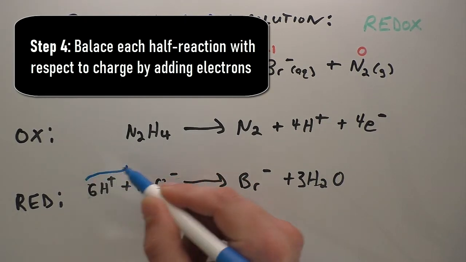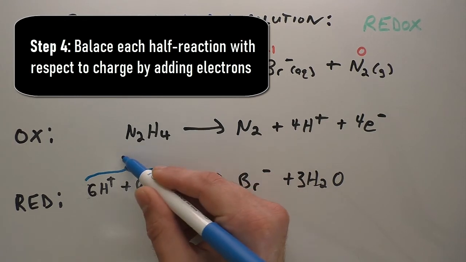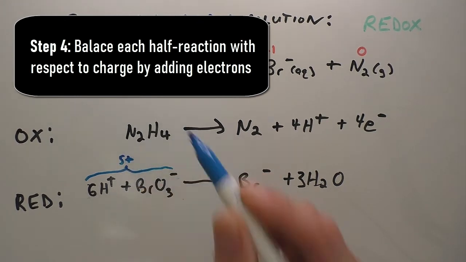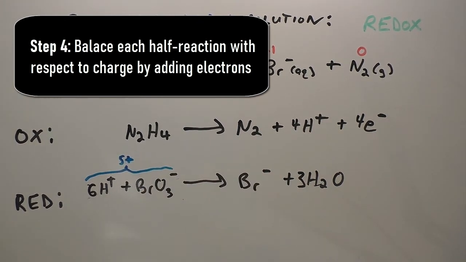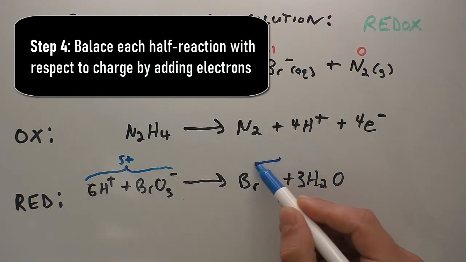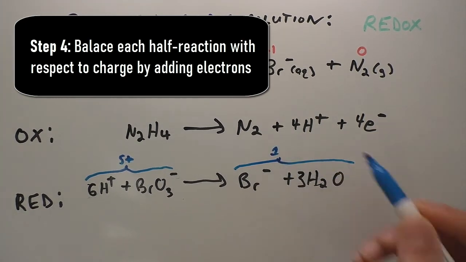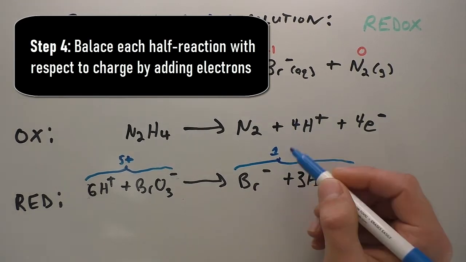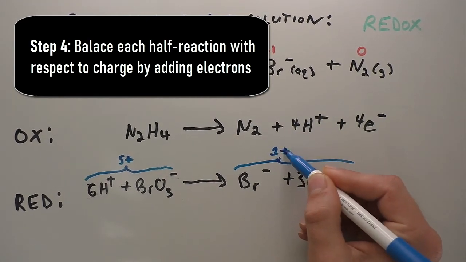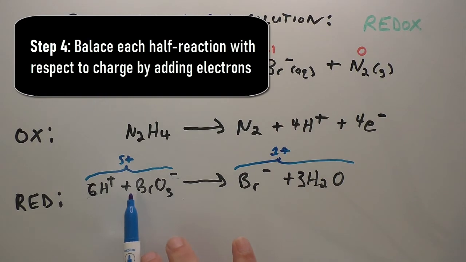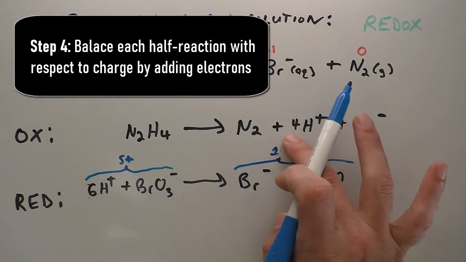Overall, that's going to be 5+ in the reactants on the left-hand side. And then on the right, we have the 1 minus coming from the bromide ion here, and the water molecule contributes nothing to the charge because it's neutral. So we have 1 minus over here and 5 plus over here. Excuse me, I said 1 plus, I meant 1 minus.